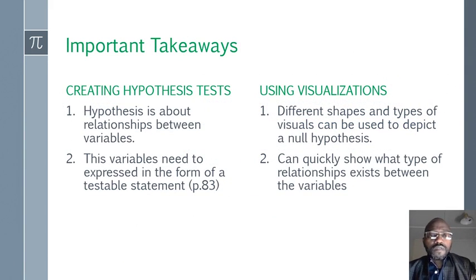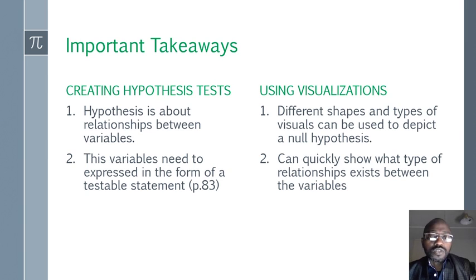The important takeaway of this visualization of hypothesis theories is very simple. Creating hypothesis tests, a hypothesis is about relationships between variables. Now, the variables may be two or it may be more. If you remember our examples where we looked at various themes, and we looked at the last piece about correlational relationship.